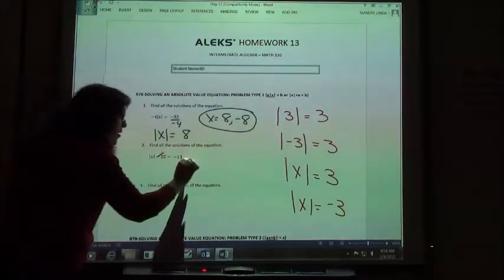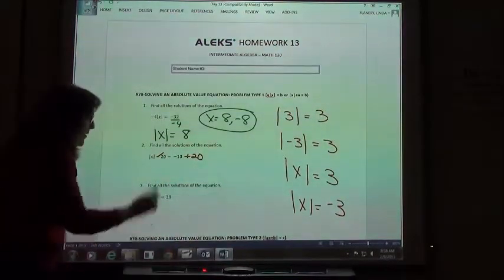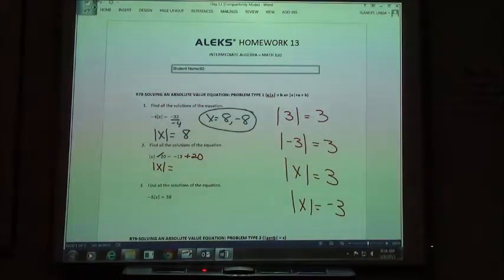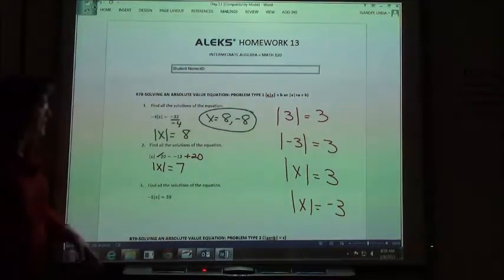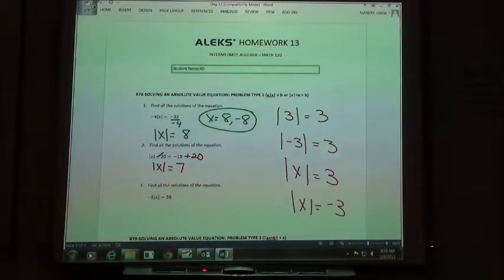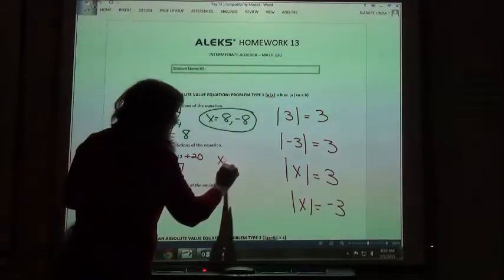So we're going to move our 20 over. We're going to add 20. So the absolute value of x would equal -13 plus 20, which gives me 7. And so what it's asking is, what numbers are 7 places from 0 on the number line? So your answers would be 7 and -7.